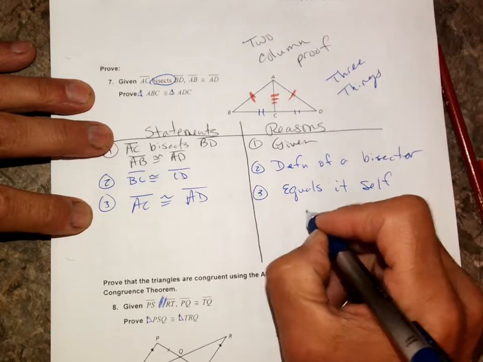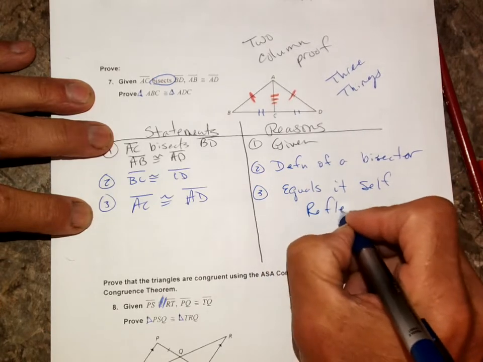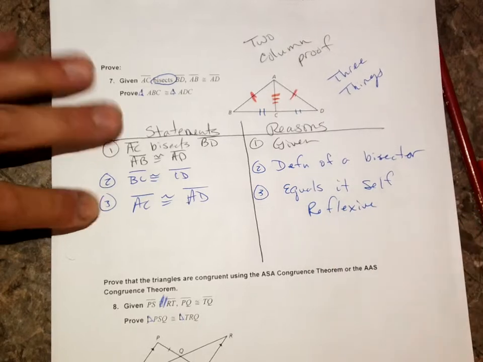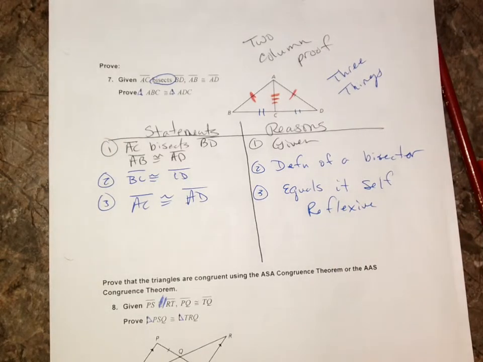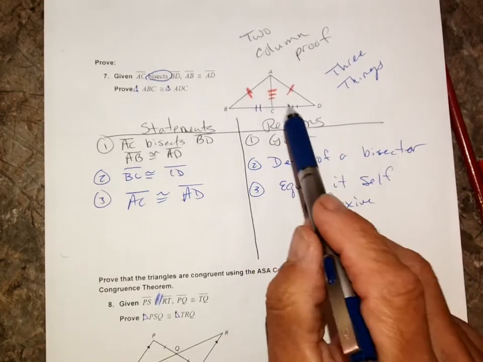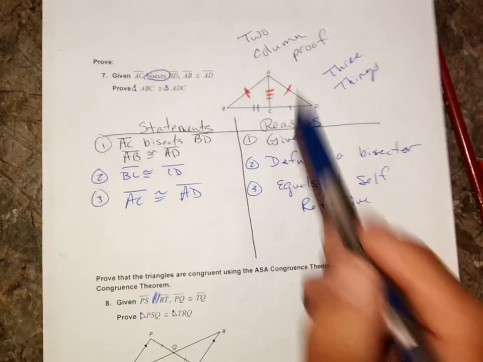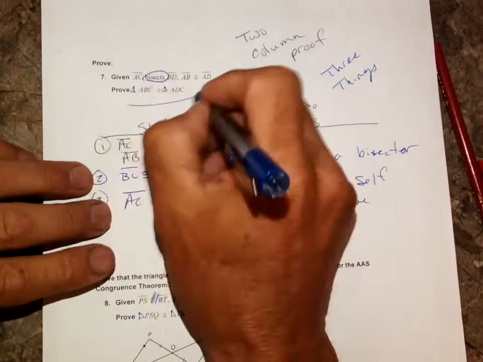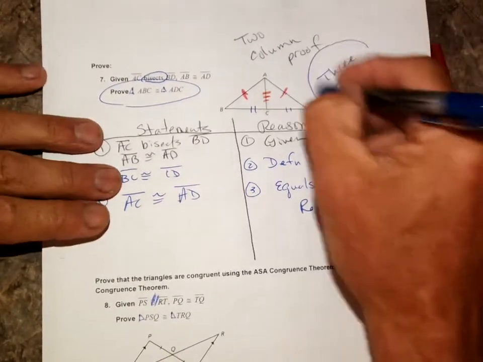Or the book likes this word reflexive, and we're not going to get too technical. Now, do we have 3 things? Yes. And what are the 3 things? Well, it's a side to a side, a side to a side, and a side to its side. So what I'm trying to prove is the 2 triangles are congruent. I have it now because I have my 3 things.